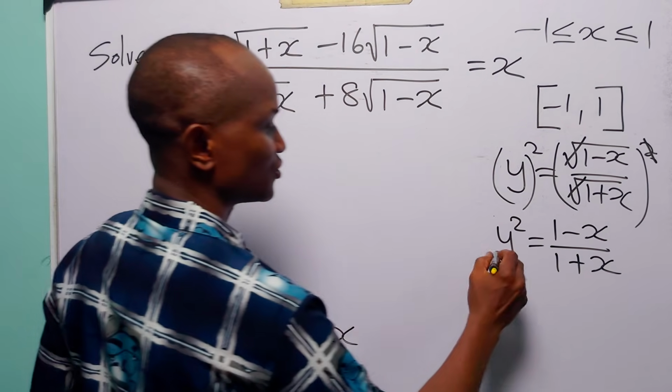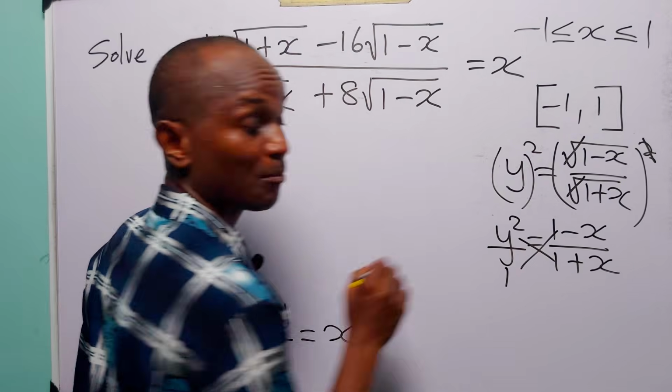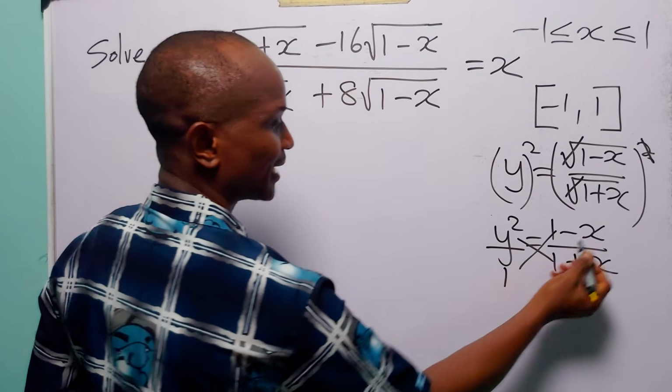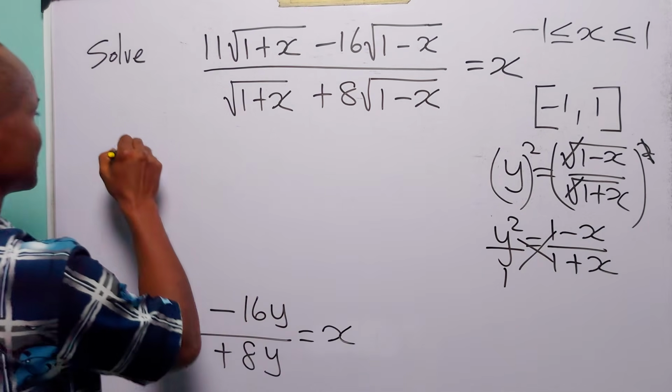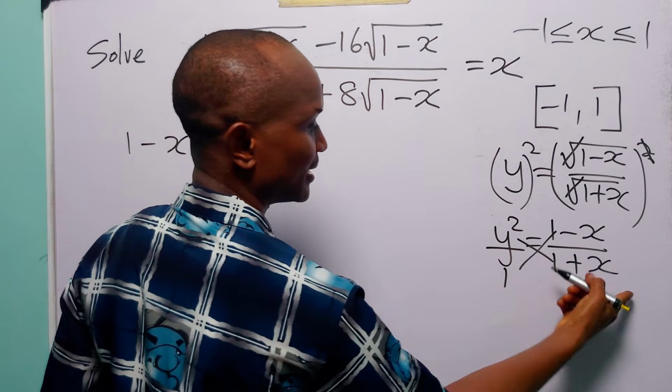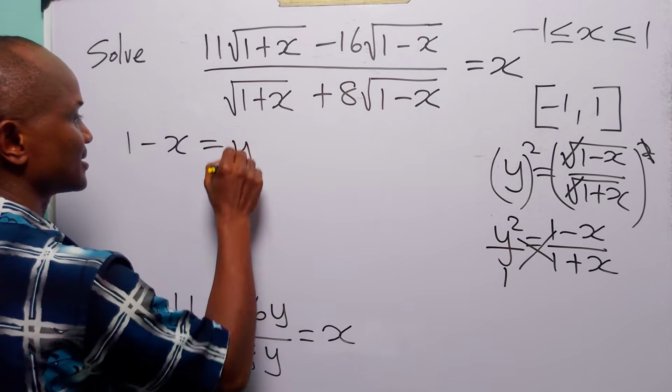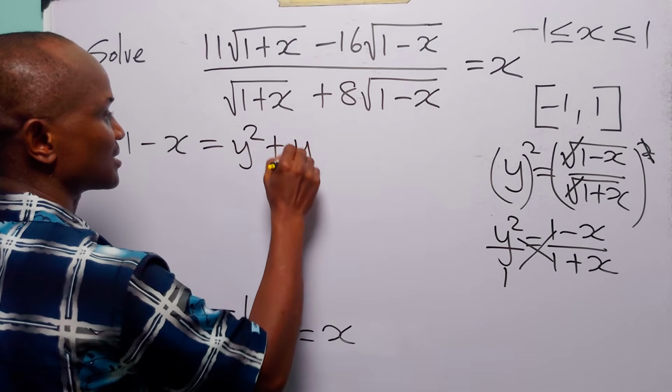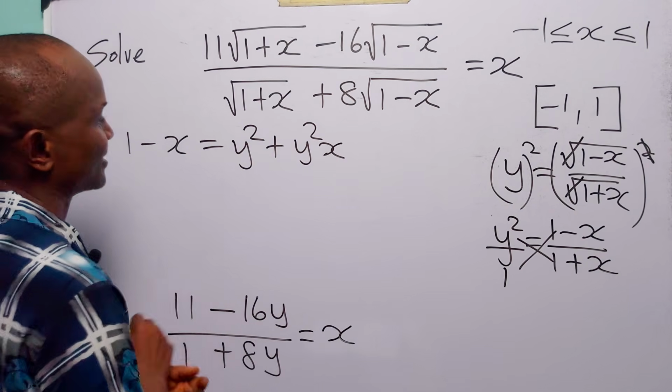The next thing we are going to do is to cross multiply. So we have that 1 times this, that is 1 minus x, is equal to y squared times 1 plus x, that is y squared plus y squared x.